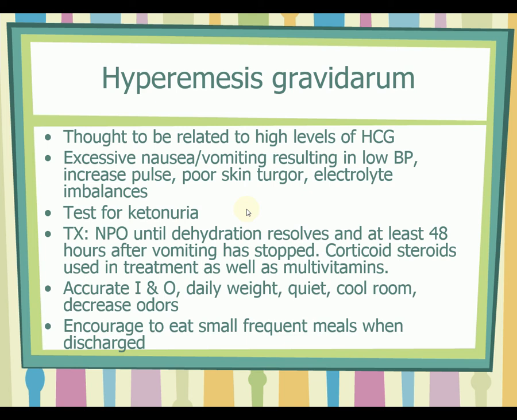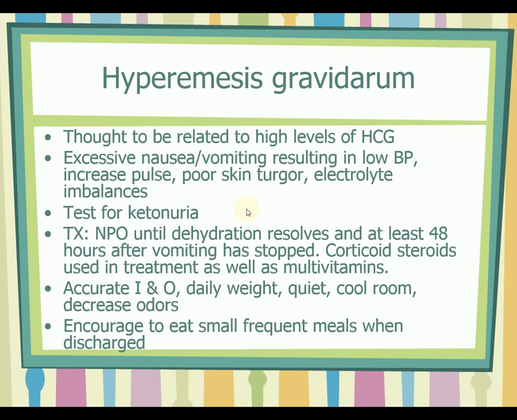So they have low blood pressure and increased pulse. Of course, their skin turgor is going to be bad, and electrolyte imbalances are going to be seen in these patients. These girls are really sick. We should be testing for ketones in the urine to see if we have any ketonuria going on.